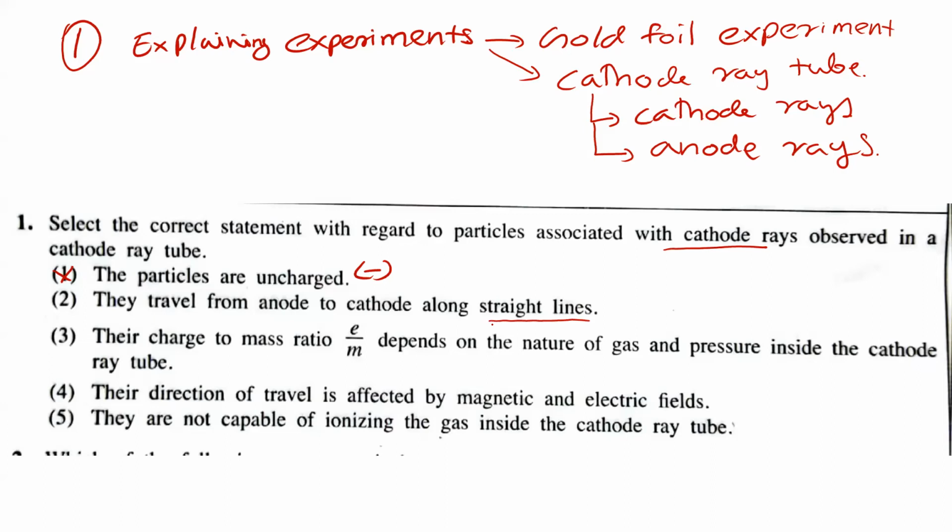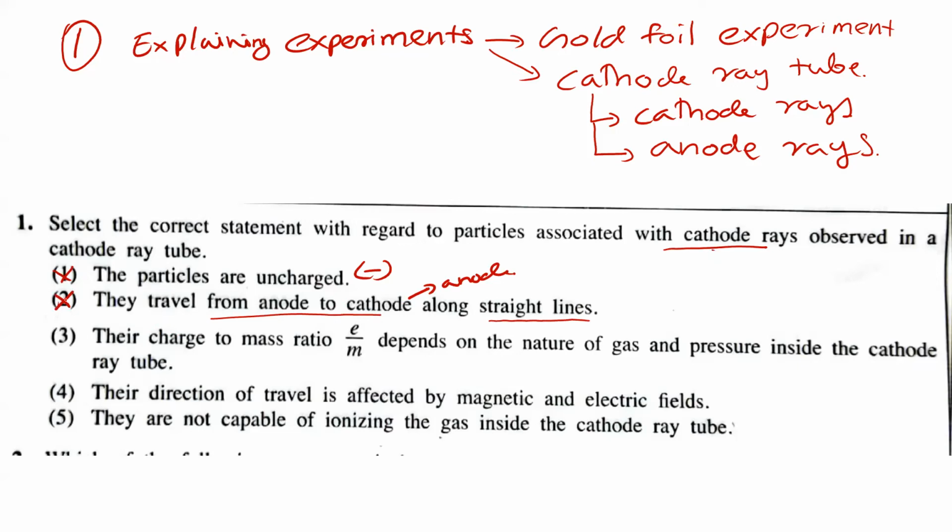Yes, they travel in a straight line, but does it travel from anode to cathode? No, it goes from cathode to anode. That is why they're called cathode rays. So the second one is also wrong.